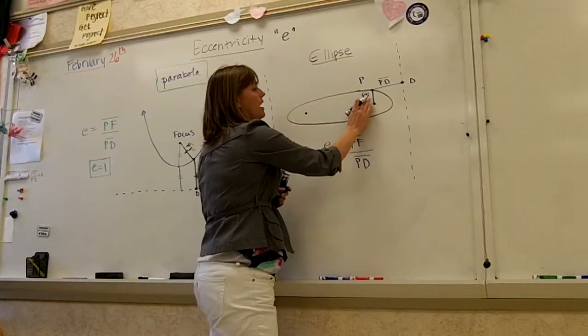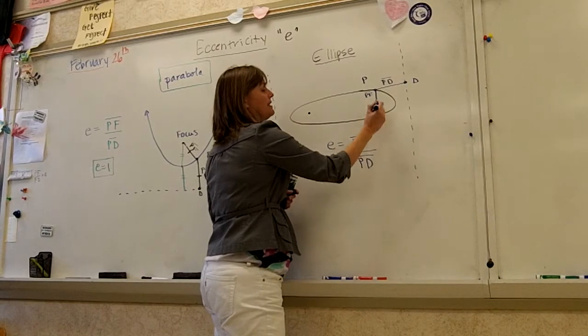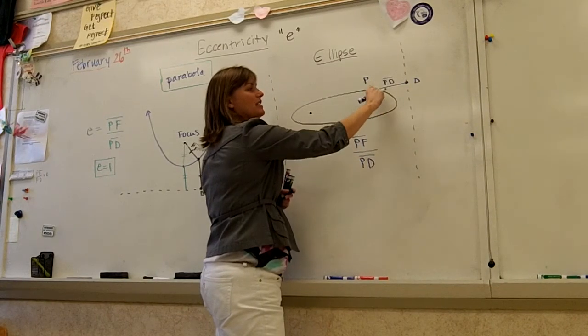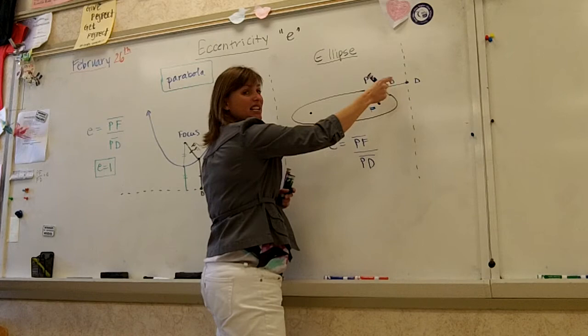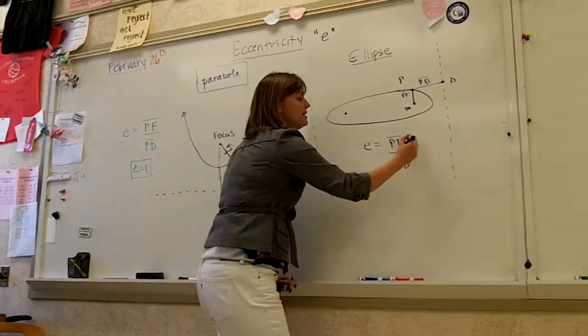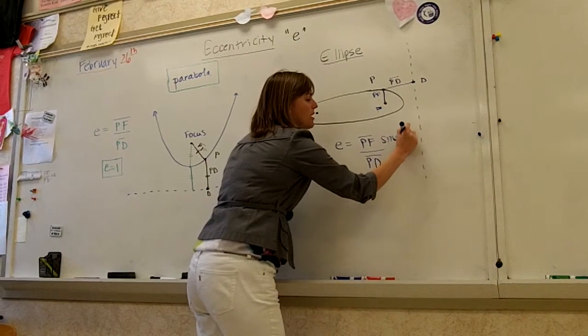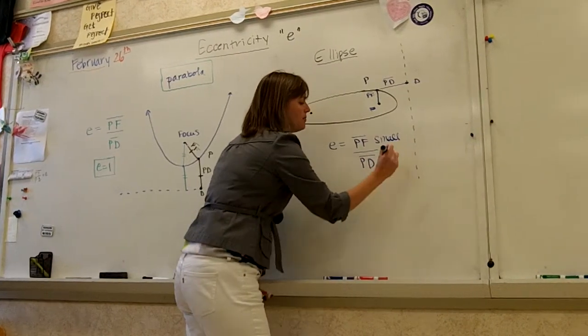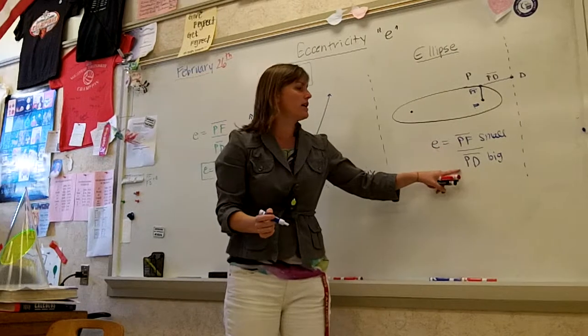Well, on an ellipse, as you can see, this PF is a lot smaller than this PD. So anytime you have an ellipse, this part's always going to be the smaller part, and this part is always going to be big. Smaller, bigger.